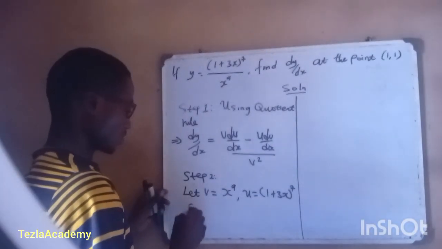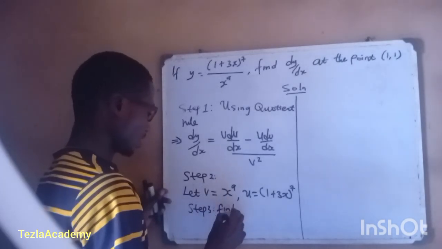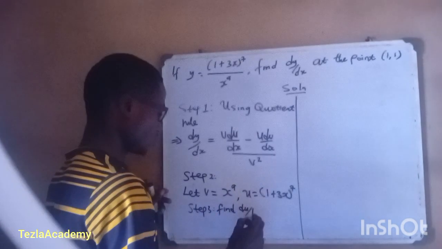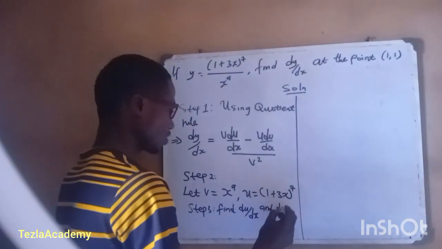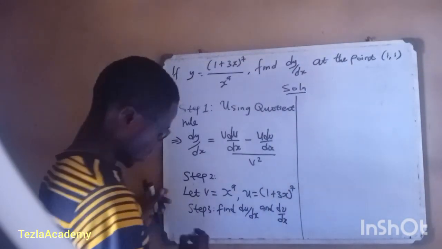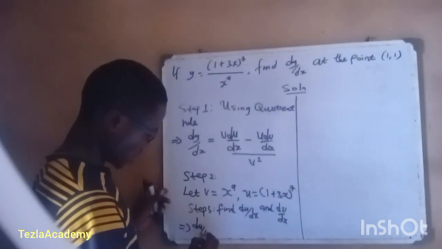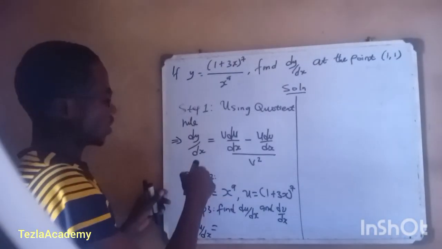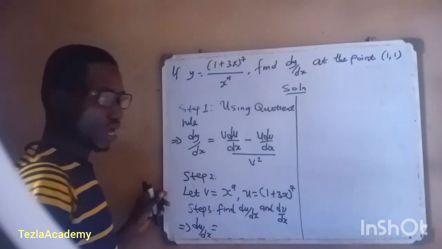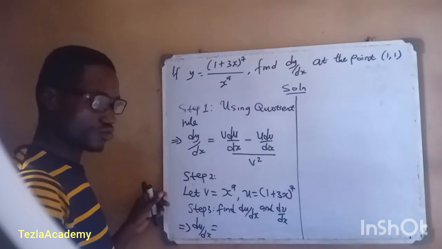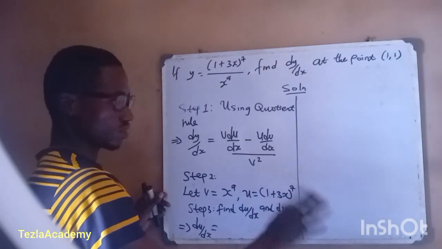So step 3, find the du/dx and the dv/dx. This implies du/dx is equal to the derivative of our u, which is given to us as this. This is the chain rule, and I've taught you a shortcut before. Just pick the 7, as long as there's no letter attached, it's just a constant.